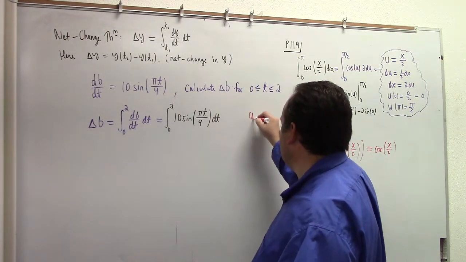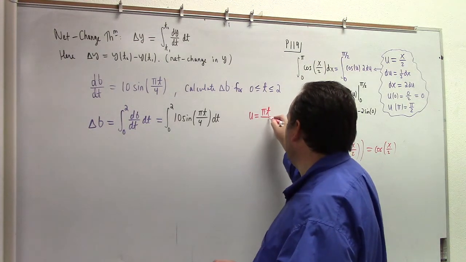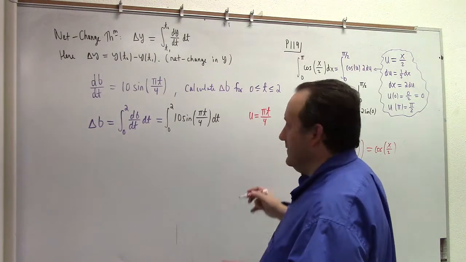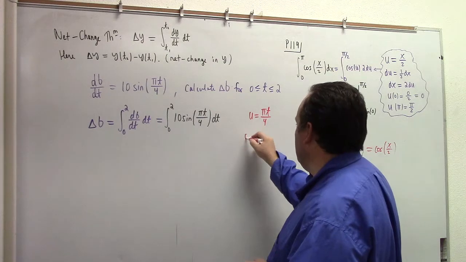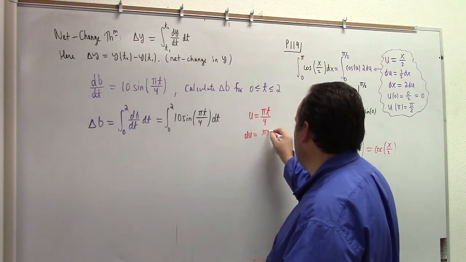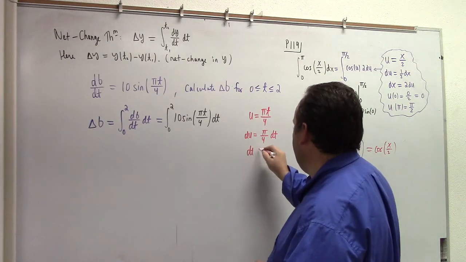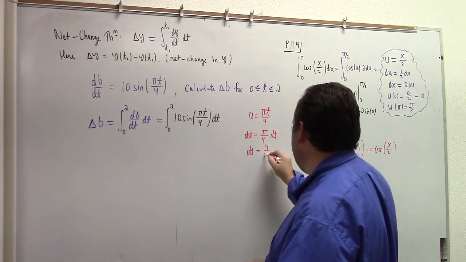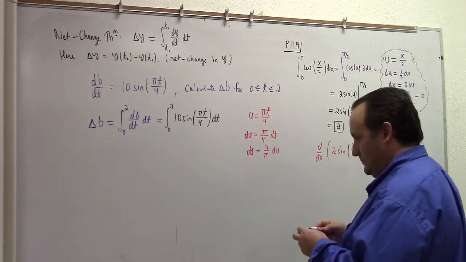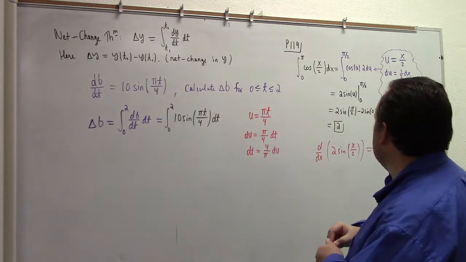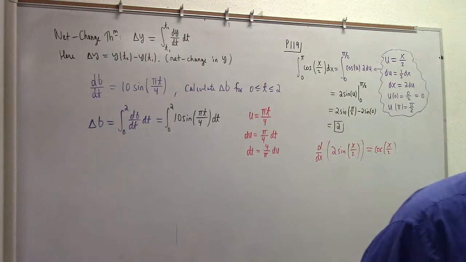So u equals pi t over 4. How are du and dt related? Well, du is pi over 4 dt, which tells me dt is 4 over pi du. We also need to change the bounds.